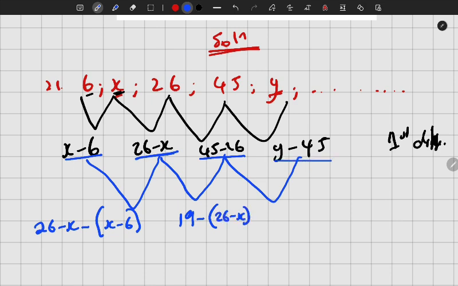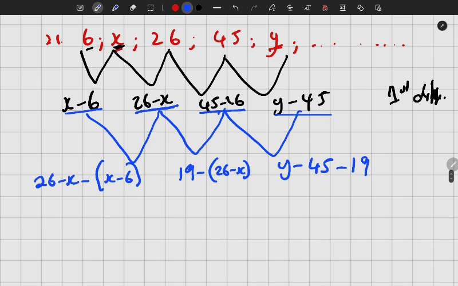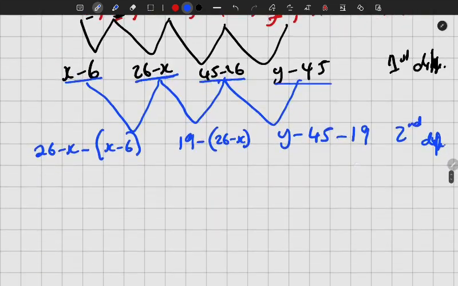Then here we say y minus 45 minus 19. And this is the second difference.